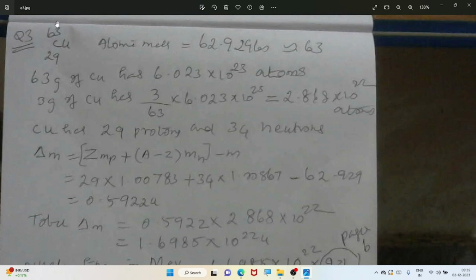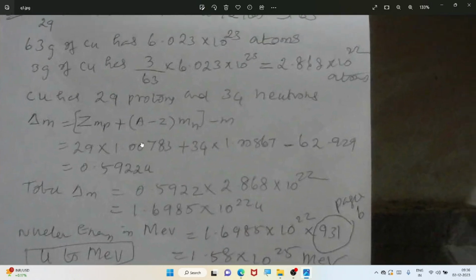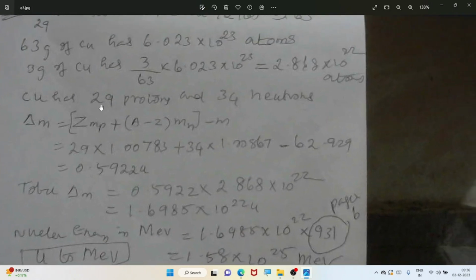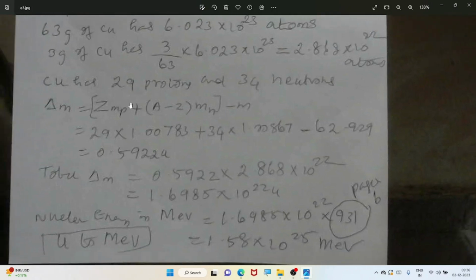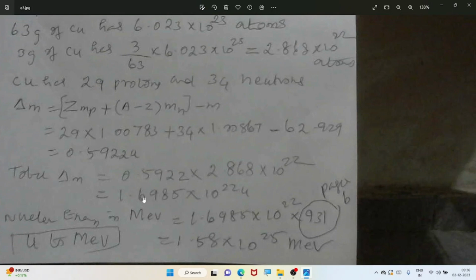The molar mass is 63 grams, which has this many atoms. They have given only 3 grams, so 3 by 63 times this many atoms is what the 3 gram coin has. Each has 34 neutrons. Then mass defect, total binding energy. Here you see I am directly using this delta m.